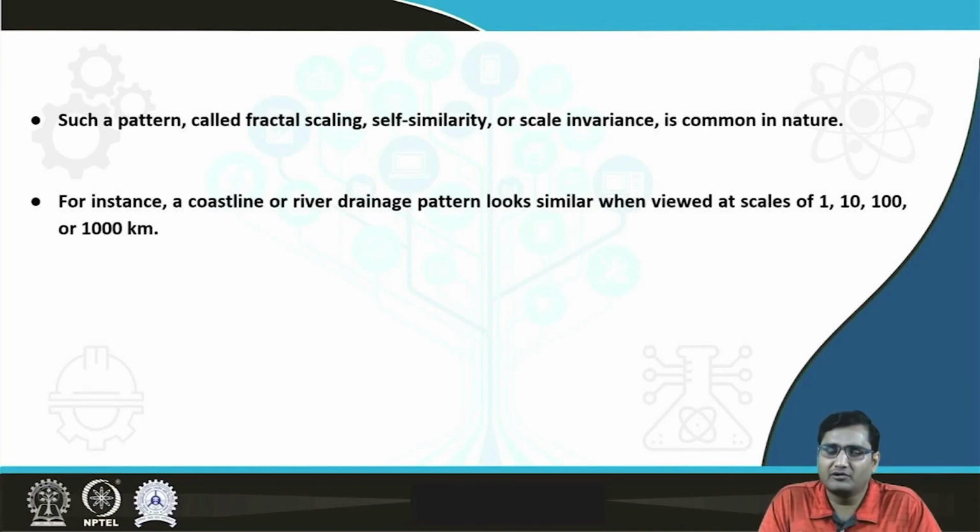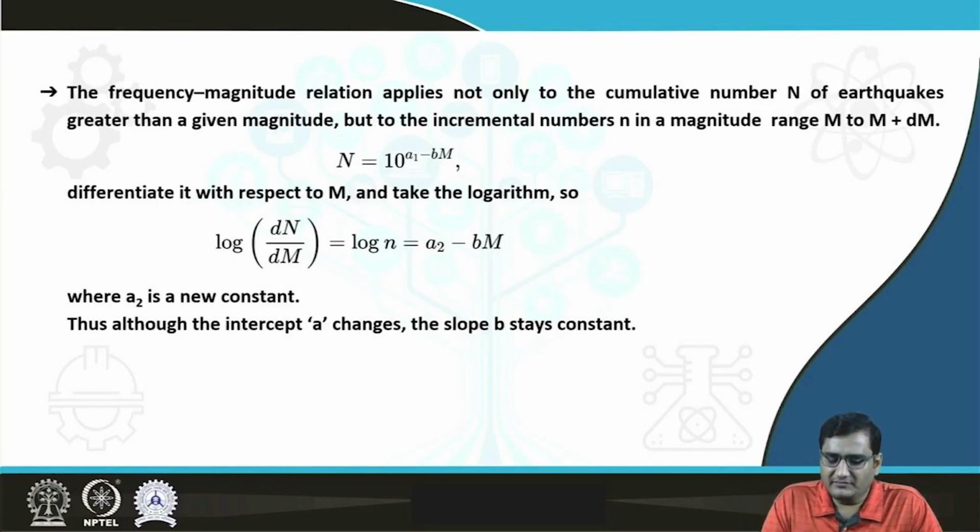It has also been seen that these values get significantly lower, indicating a seismic gap, but the earthquake still doesn't happen, so several issues might occur. So this is about fractal scaling, or self-similarity, or scale invariance. The frequency magnitude relation applies not only to the cumulative number N of earthquakes greater than a given magnitude, but also to the incremental number n in a magnitude range m to m plus dm.